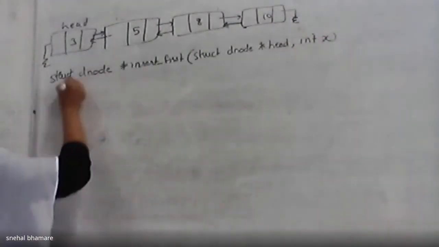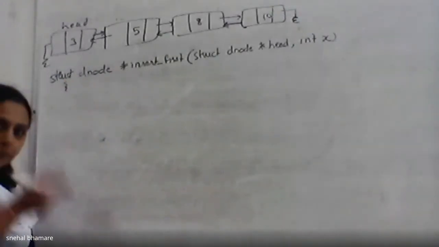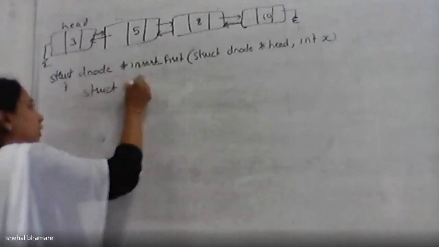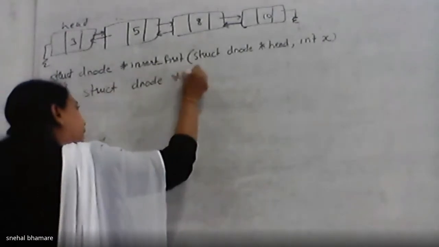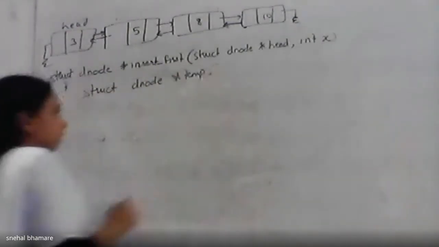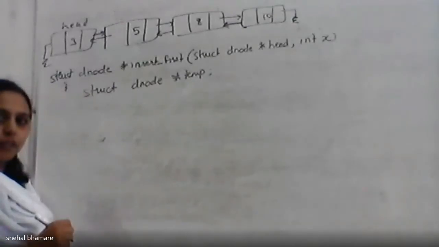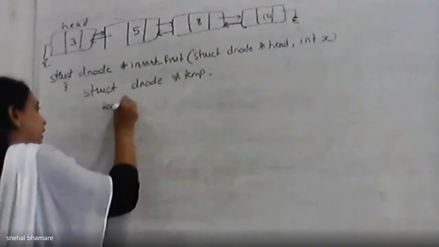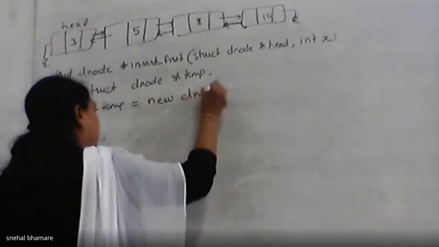Right? Now what do I have to do? Initially I have to create a temporary node. So struct node pointer temp. Since I have to write the data in it, I have to allocate memory for that, right? So temp equals new node.